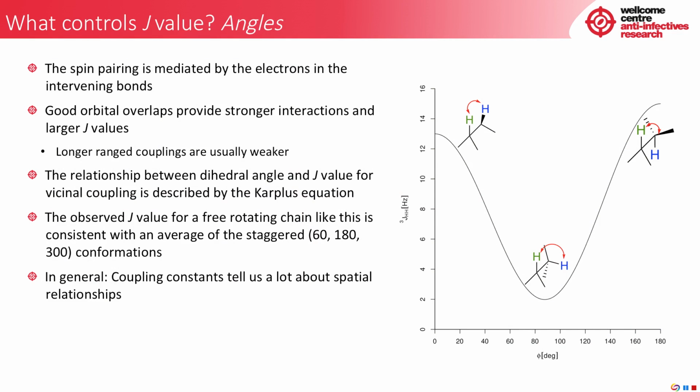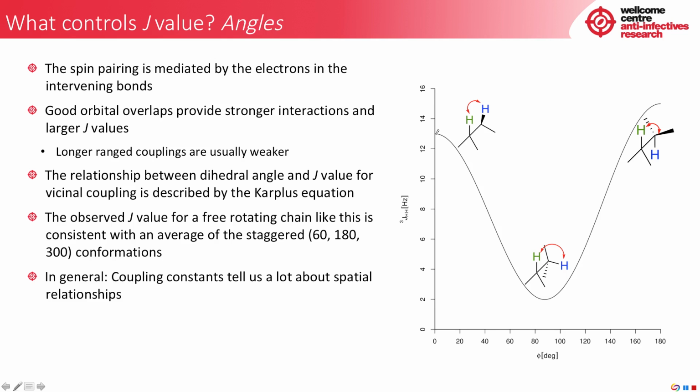Now, the relationship between dihedral angle and J value for vicinal coupling, so that's this 1, 2, 3 bond coupling, is described by the Karplus equations. The dihedral angle is just the angle between these two. And we can see for very low values, so around 0, the overlap is good. These are parallel, and you get a nice big J value somewhere around 13.